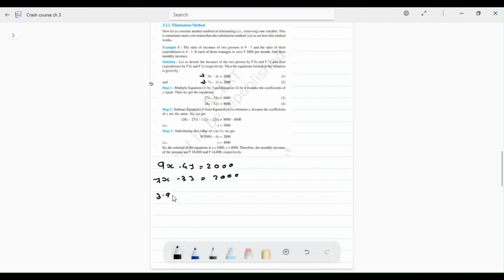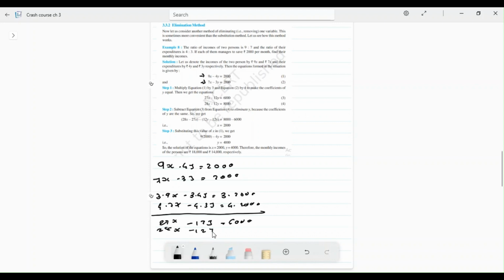So 3 into 9x minus 3 into 4y is equal to 3 into 2000, and 4 into 7x minus 4 into 3y is equal to 4 into 2000. So 27x minus 12y is equal to 6000 and 28x minus 12y is equal to 8000.